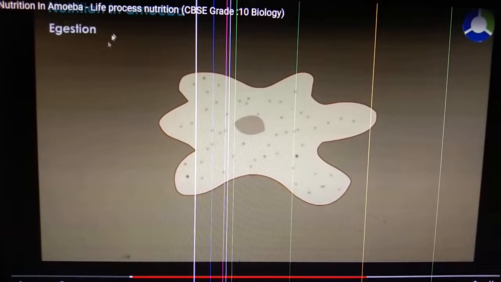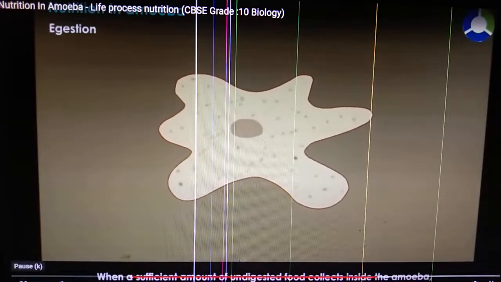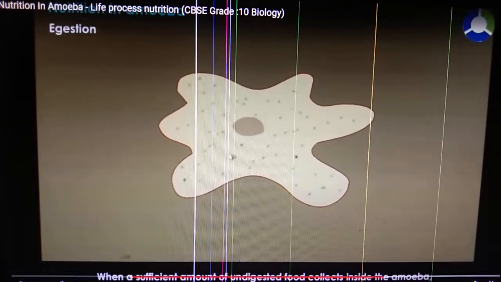So this waste material is thrown out of the body by the process of egestion.